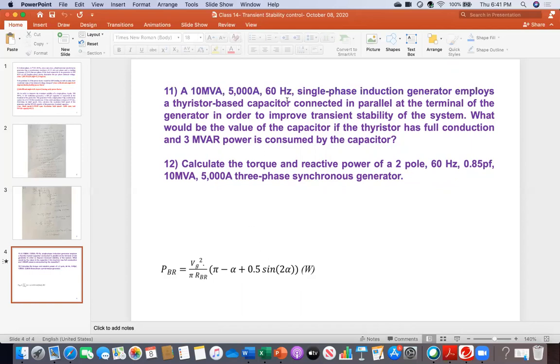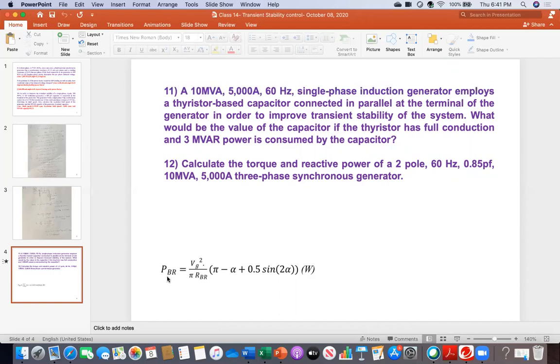But because this is a capacitor, the only thing that will change is your RBR. Instead of RBR, please put XC, the capacitive reactance.